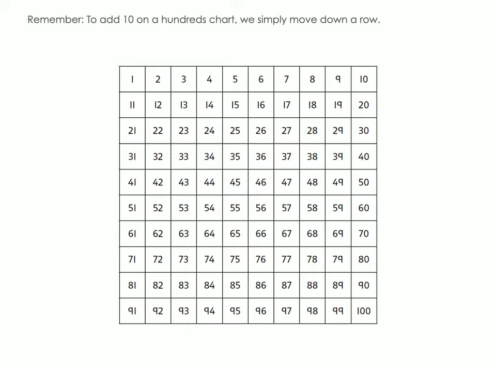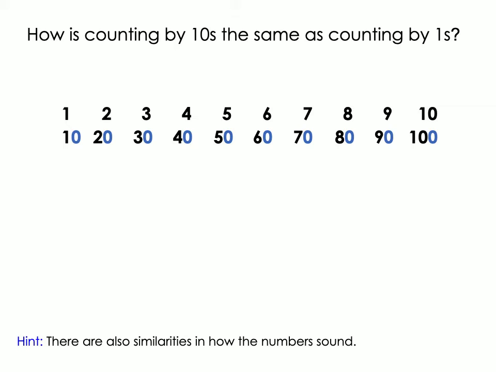Can I get you to say it with me? 10, 20, 30, 40, 50, 60, 70, 80, 90, 100. And so when we're counting by 10s, you noticed that all we did was go down one row on our 100 chart.